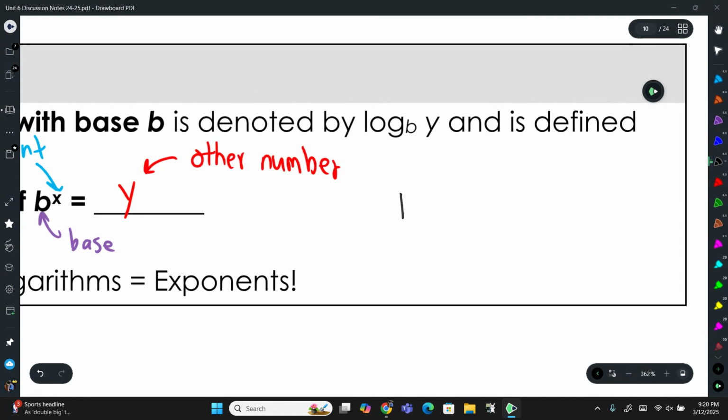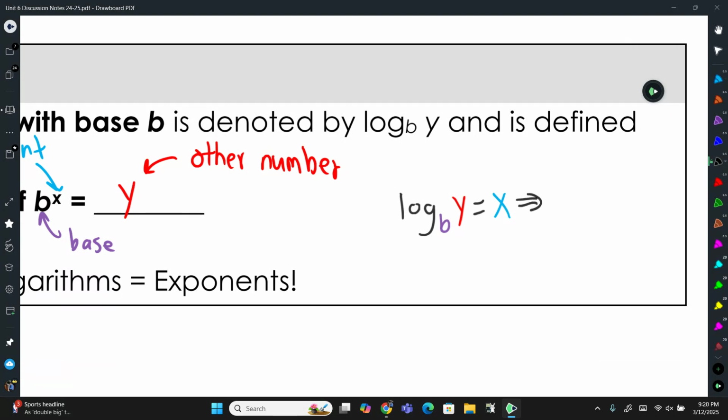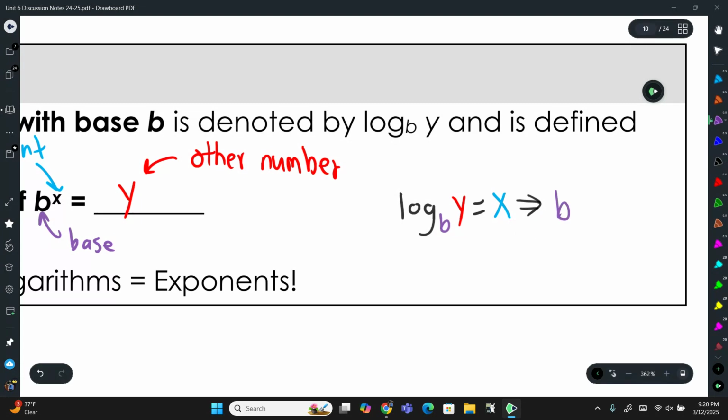So if we have log base b of some number y equals x, that is equivalent, and you can go back and forth between each of these forms, to b being raised to that x power equals y.